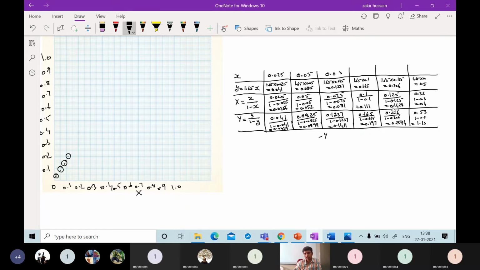Then the next data point is 0.1428. 0.14 means this one, and 0.2594. 0.25 means this one, and 0.259 means almost 0.26 we can take. Then the next data point is 0.4 and 0.13. This last data point is 1.13, right?